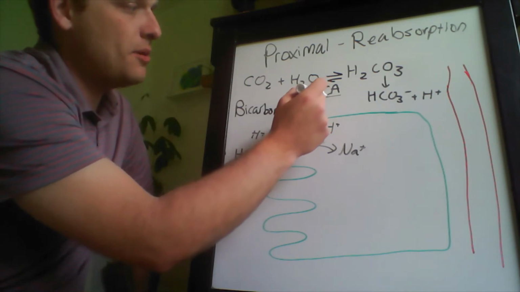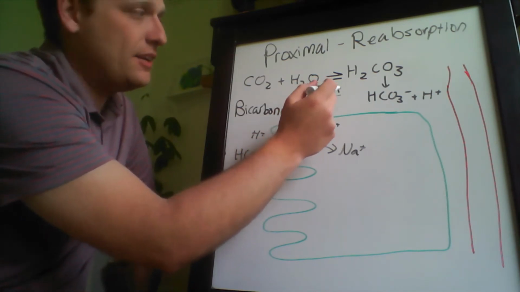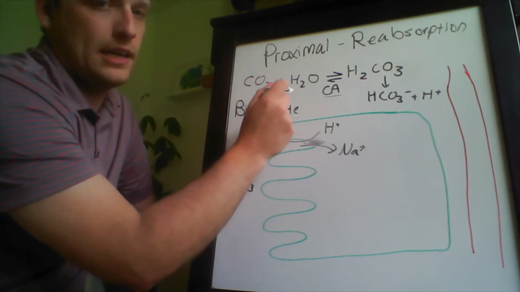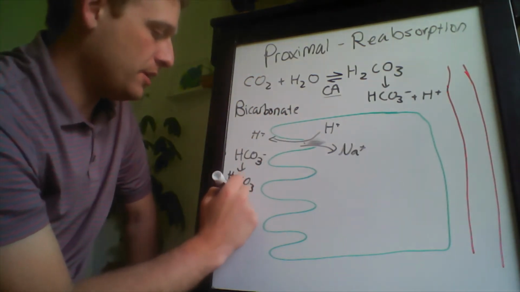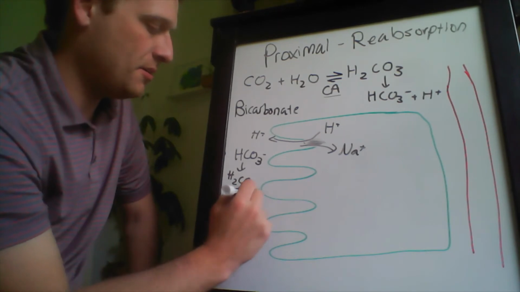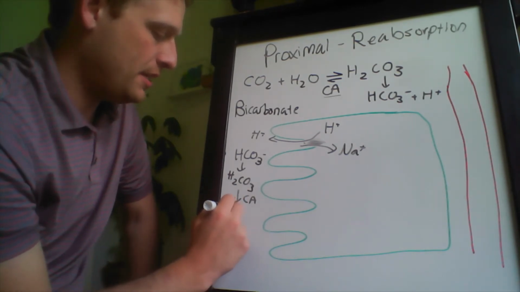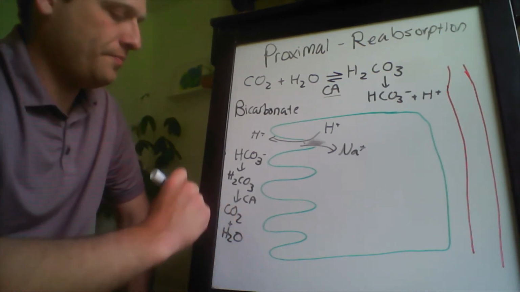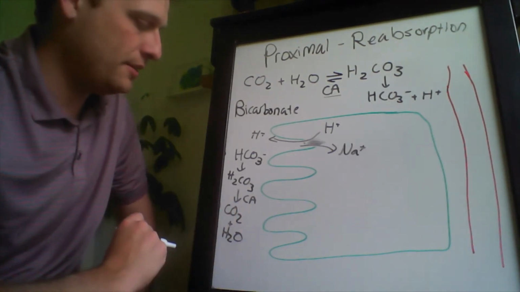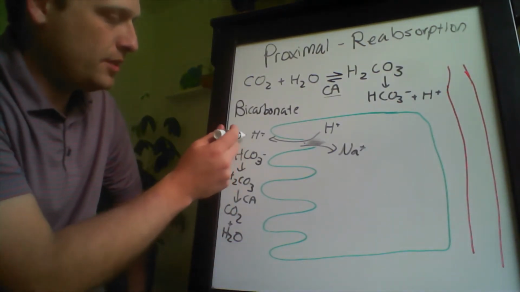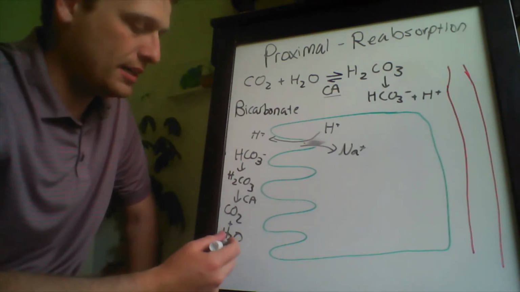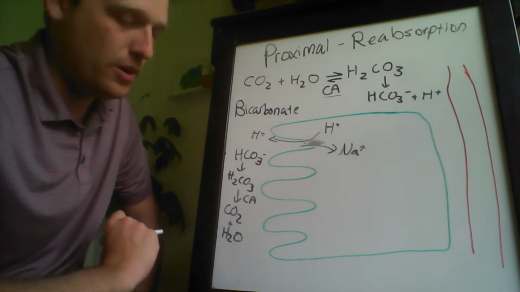And carbonic anhydrase can convert carbonic acid to carbon dioxide and water. So that's what is going to happen here. Carbonic anhydrase makes CO2 and H2O out here in the filtrate from the hydrogen and the HCO3. So the ultimate products out here are CO2 and H2O.